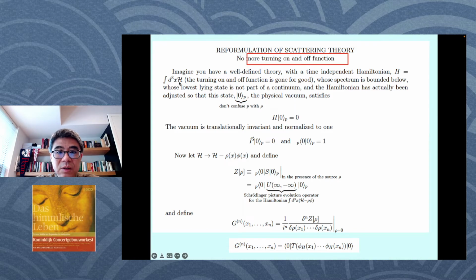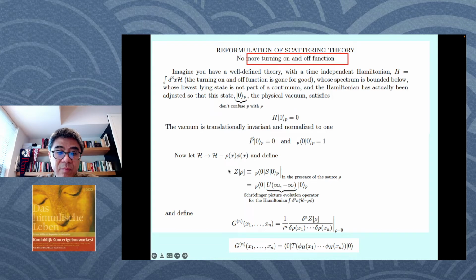Here we talk about H, that's the whole Hamiltonian, but now the turning on and off function is gone for good. With this whole Hamiltonian, there will be a vacuum with subscript P, which is physical. This physical vacuum is the vacuum of the whole H instead of just H0. That's a very key difference. We will see the difference appear later in our exposition.